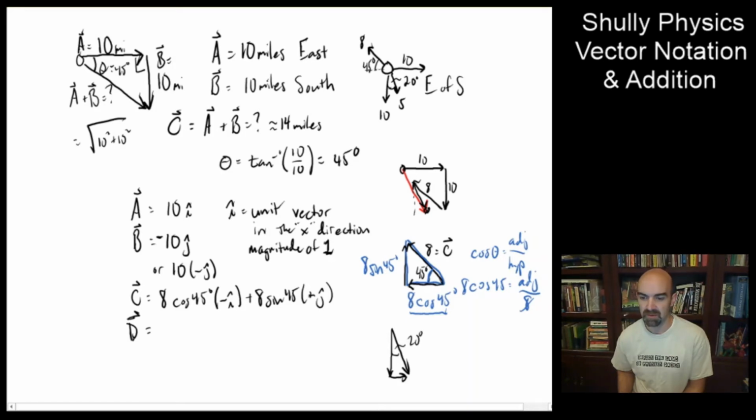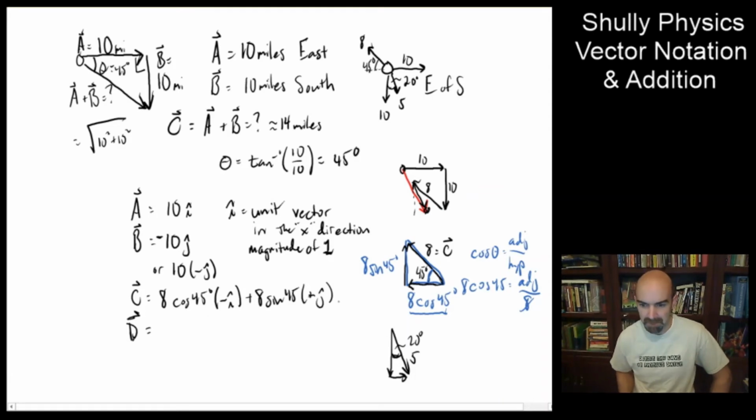There's the angle, and the magnitude is 5. You'll see from this angle, this 20-degree angle, the horizontal component isn't the cosine. The cosine component goes along with the vertical piece here. The vertical piece is now adjacent to this angle.